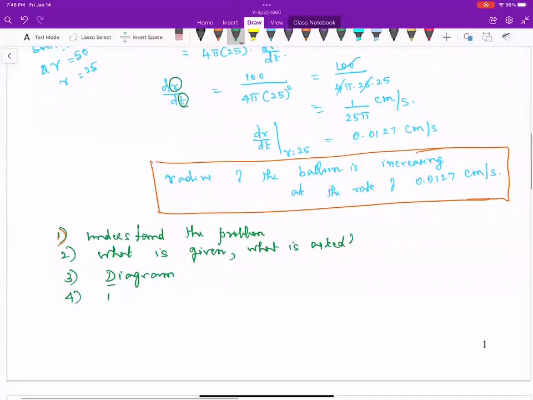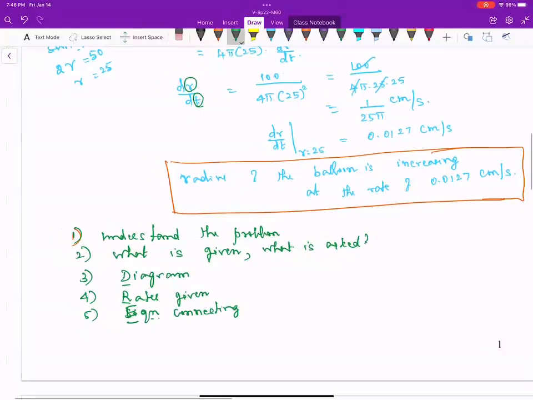And write the rates given in the problem. And set up an equation connecting the variables.